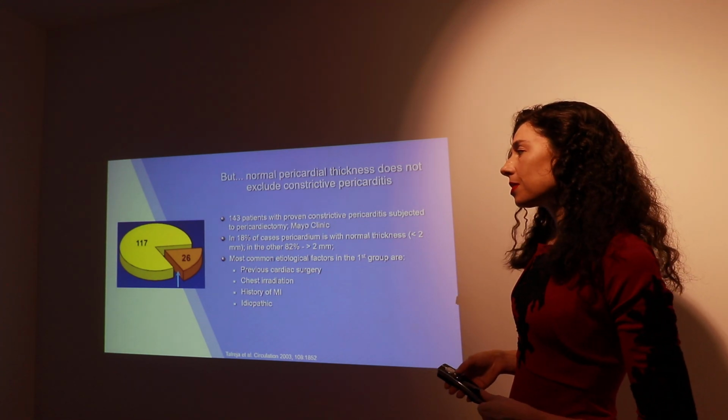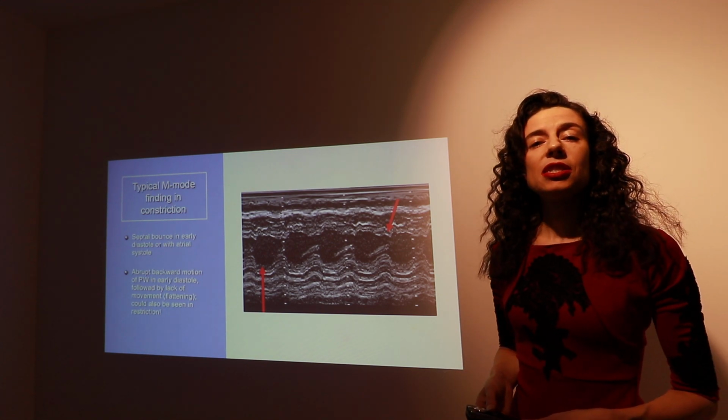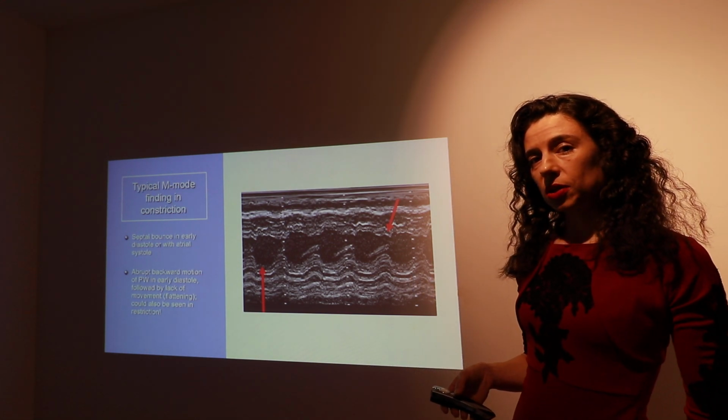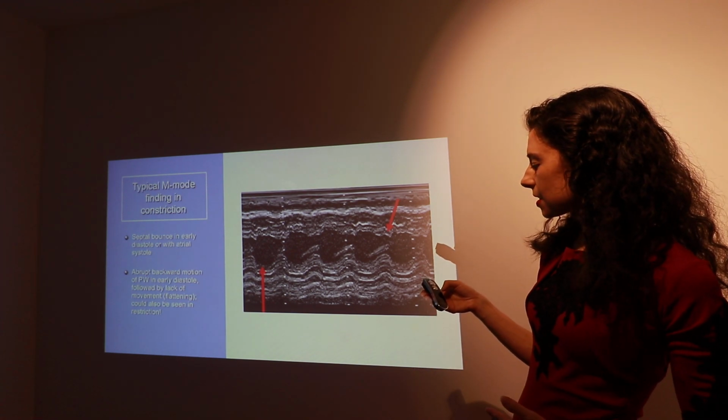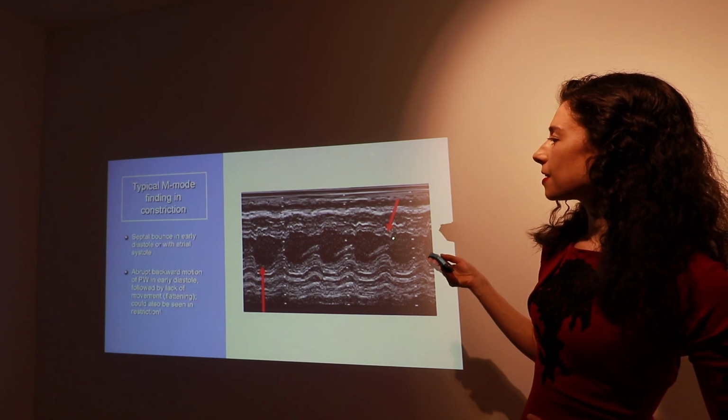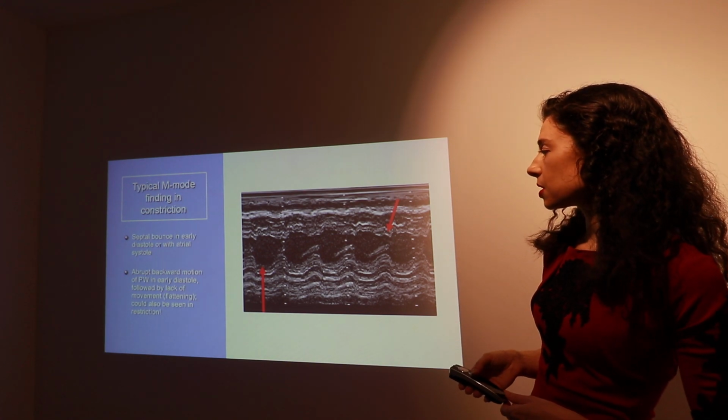Another echo finding, which is typical for constriction and could be seen with the M mode imaging, is this septal bounce in early diastole or with atrial systole.